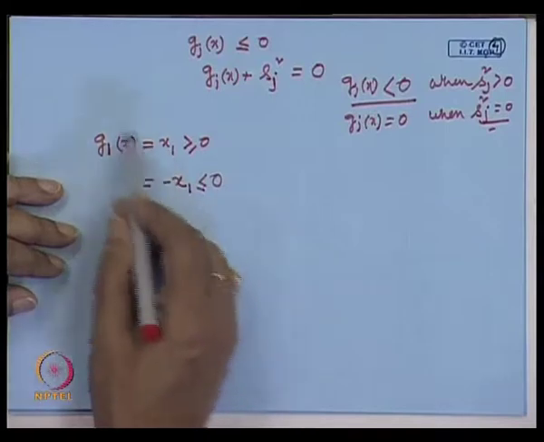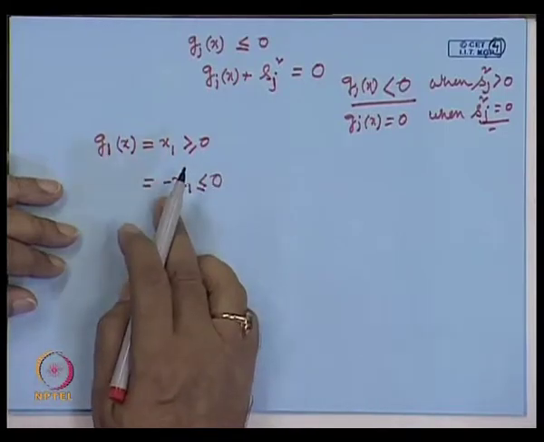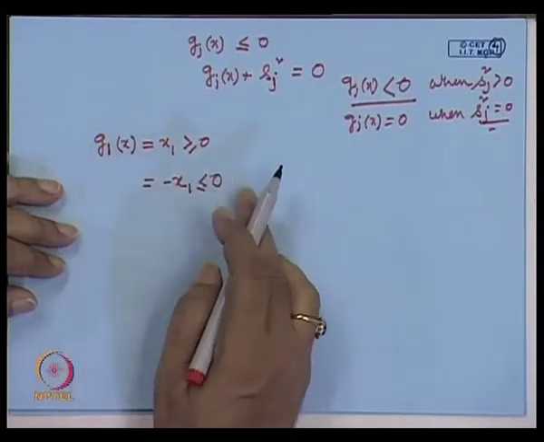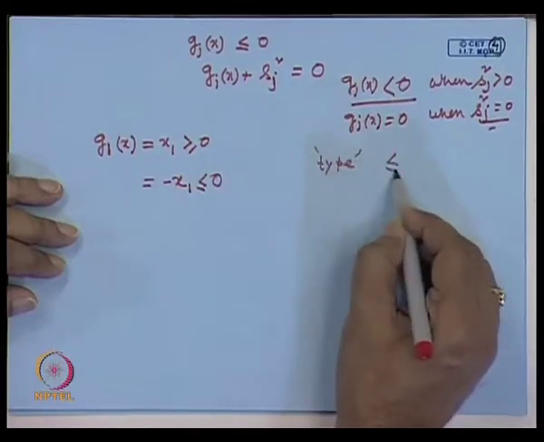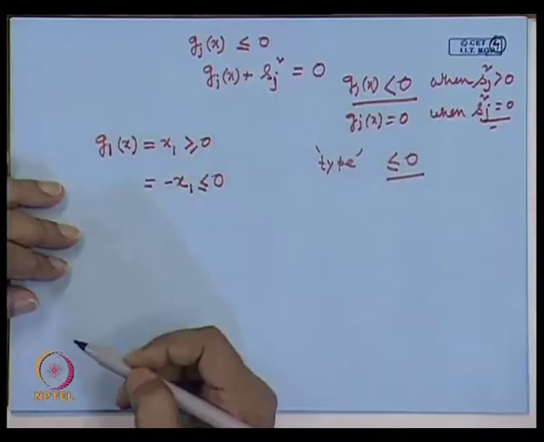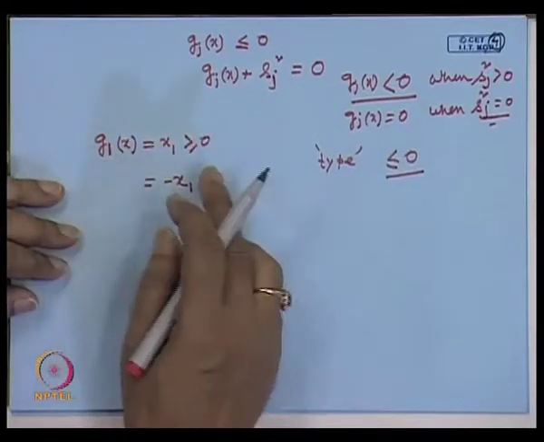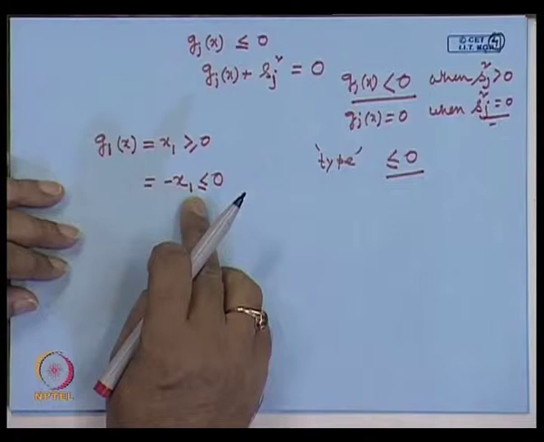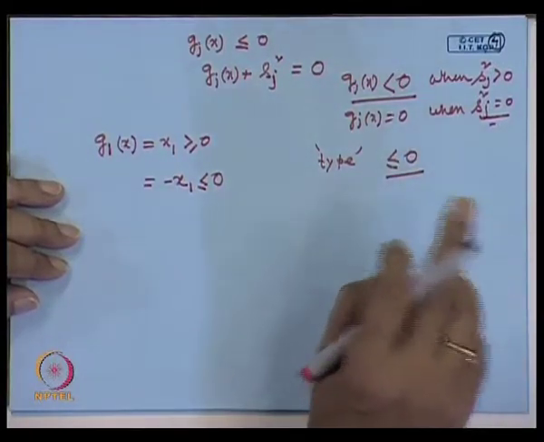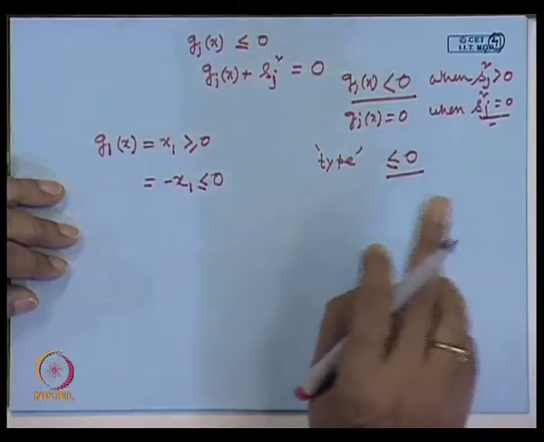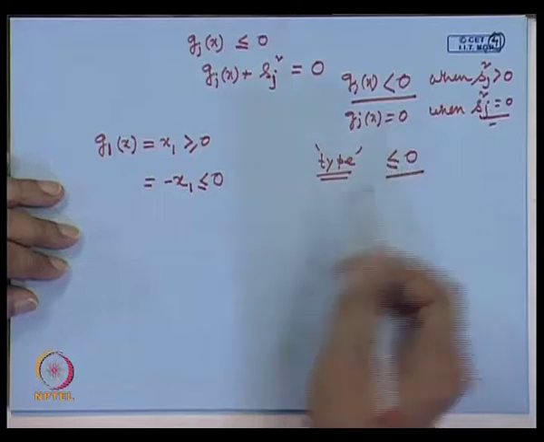Now you see our g 1 is the inequality constraint, and the type of inequality we have used is less than or equal to 0. I made it this type, agree. Any inequality constraint of this type I can convert into this type, less than or equal to 0. We have always written the equality constraint as equal to 0 and the inequality constraint of type less than or equal to 0.